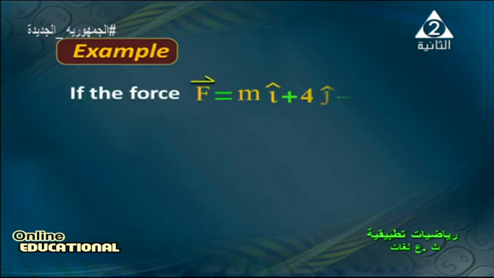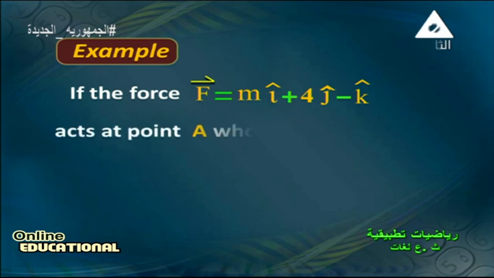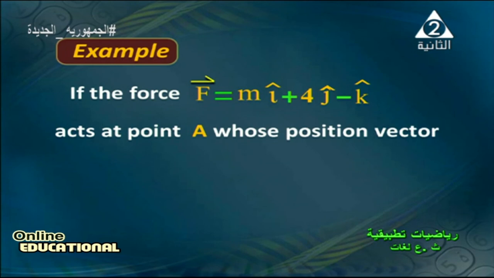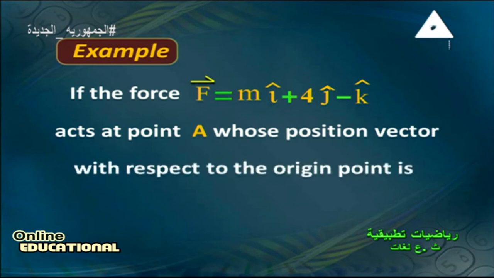Example. If the force F vector equals mi plus 4j minus k acts at point A, whose position vector with respect to the origin point is vector r equals 1, 2, and 2.